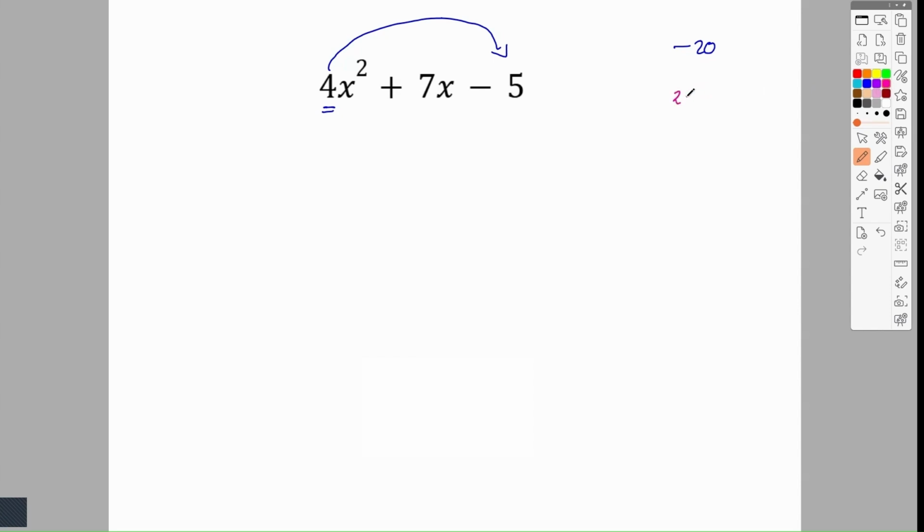We have 20 and negative 1, negative 20 and 1, 10 and negative 2, negative 10 and 2, 5 and negative 4, negative 5 and 4. So we have to find the couples that add to positive 7. Since we don't have that here, this also cannot be factorized.